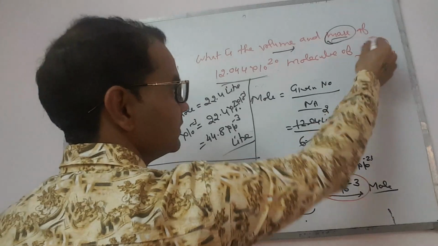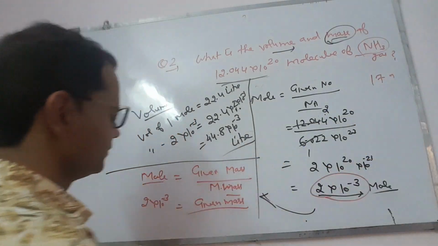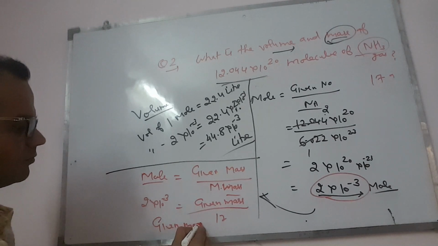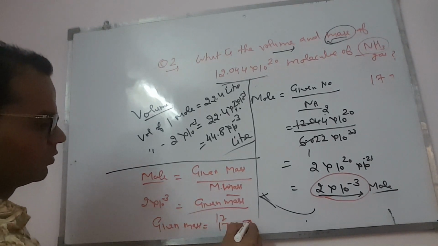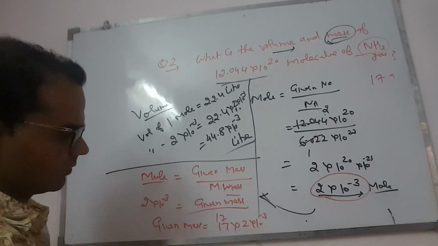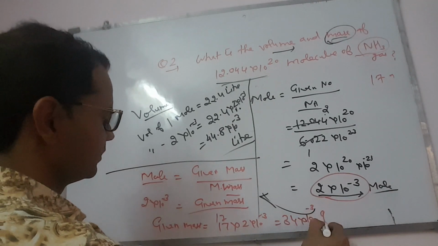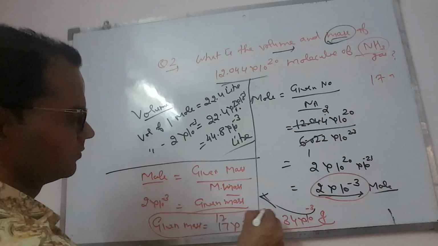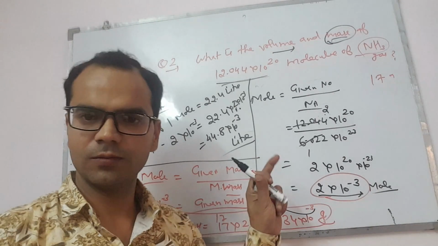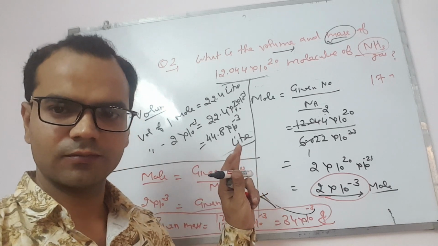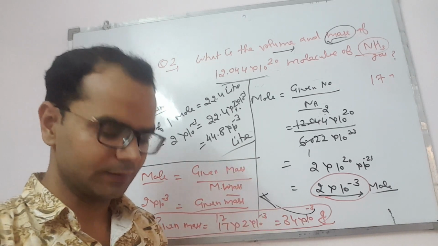Molecular mass of ammonia is 17. Given mass will be 17 into 2 into 10 raised to power minus 3, which is 34 into 10 raised to power minus 3 gram. These are both answers. Clear? Let's do one more numerical.